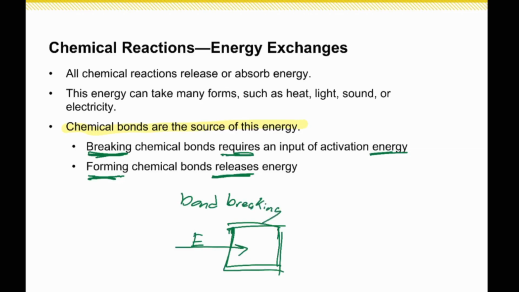And then if something is where the energy is being released, well, energy is then leaving the system. And so this would be bond making. So energy is either going in or it's going out.